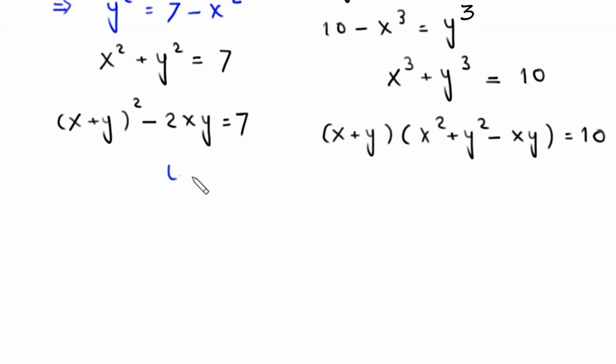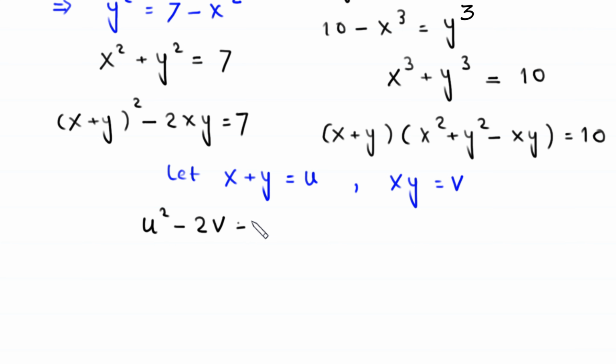We suppose that x plus y is equal to u and x times y equal to v. So this equation will become u squared minus 2 times v equal to 7, and this equation will become u times (the value of x squared plus y squared is 7, so here we write 7 minus xy, which is v) 7 minus v equal to 10.